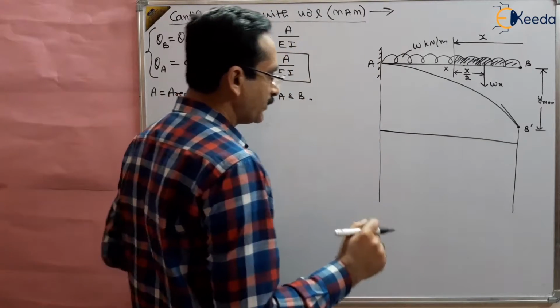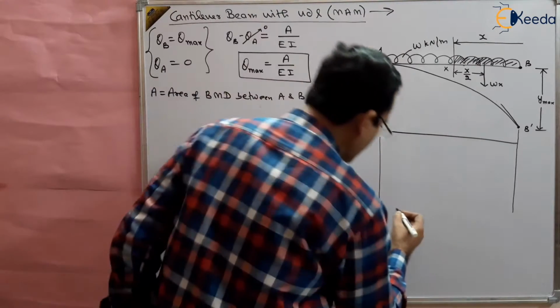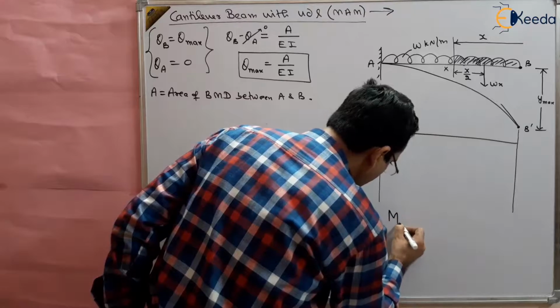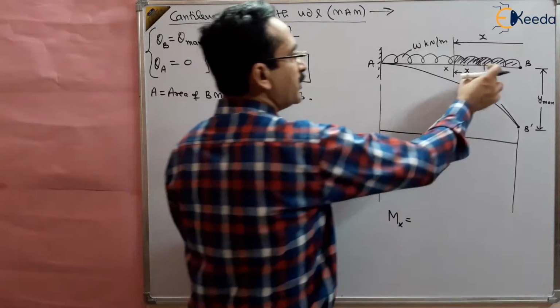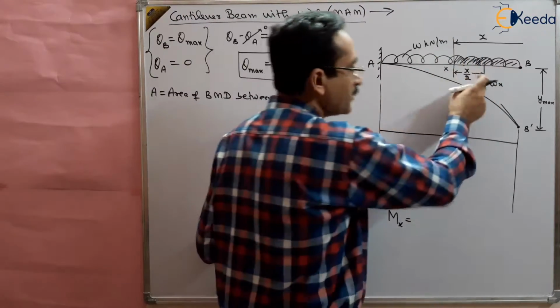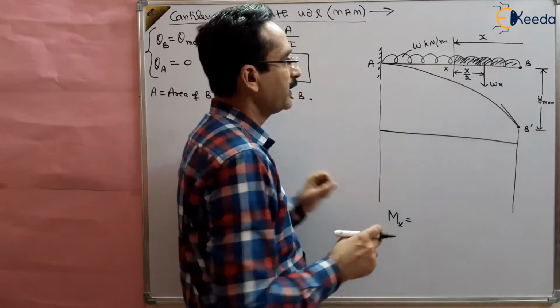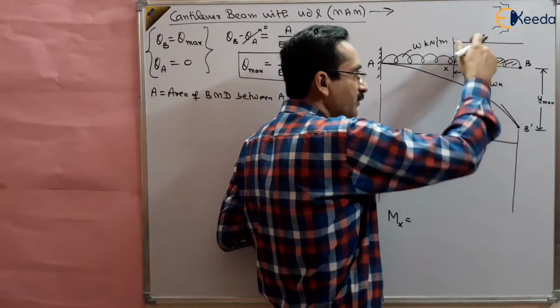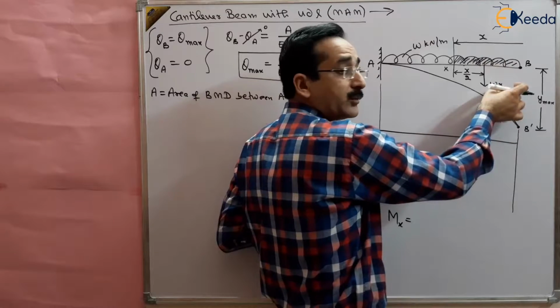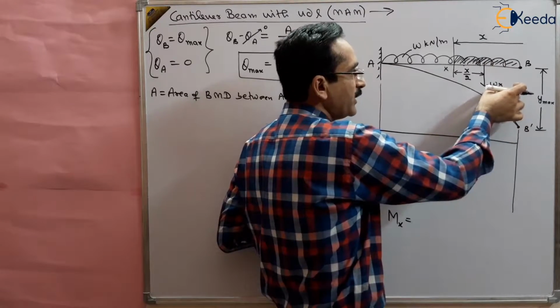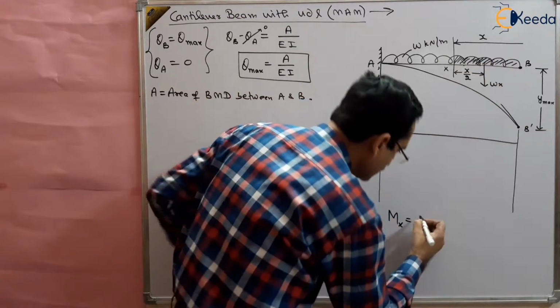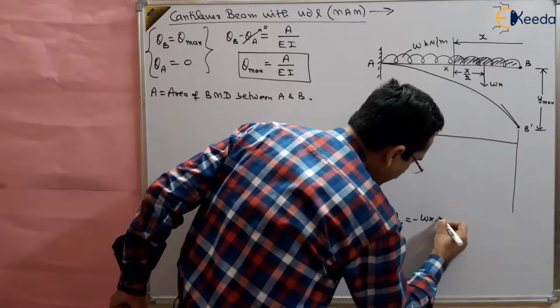So what will be the bending moment? The bending moment Mx will be the moment of this Wx about the section point. Because it is a hogging bending moment, it is negative, so minus Wx multiplied by x by 2.